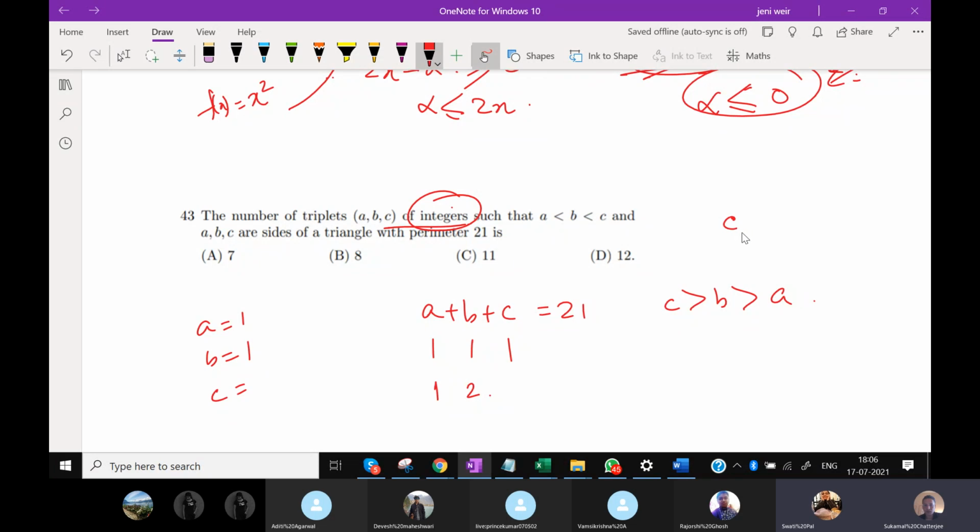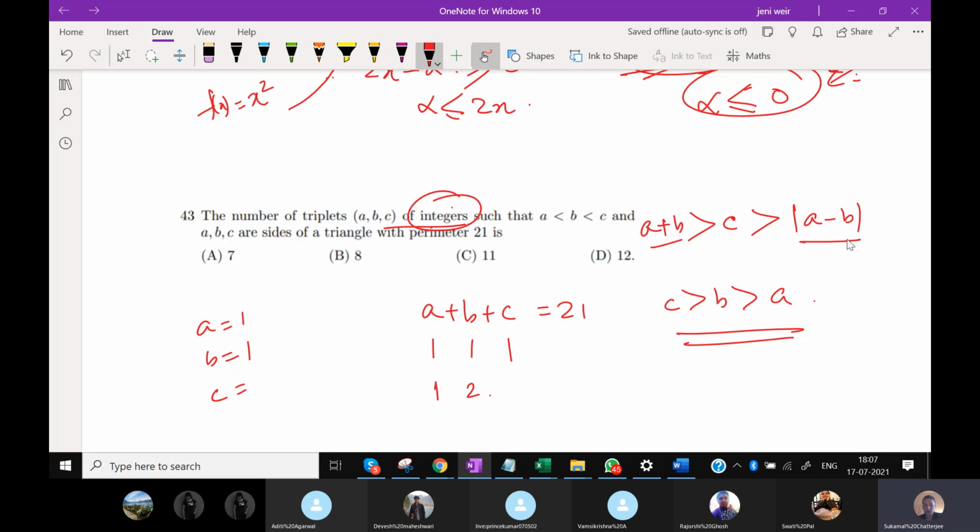Remember, for any triangle, any side has to be strictly greater than the absolute difference of the other two sides and less than the sum of the other two sides. This is a sacrosanct condition for any side of any triangle.